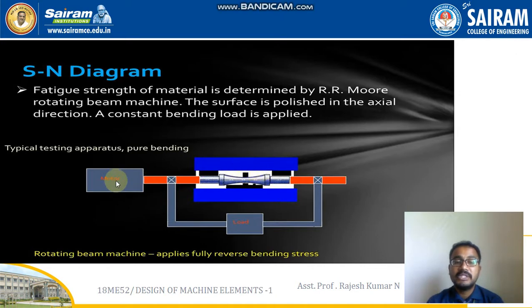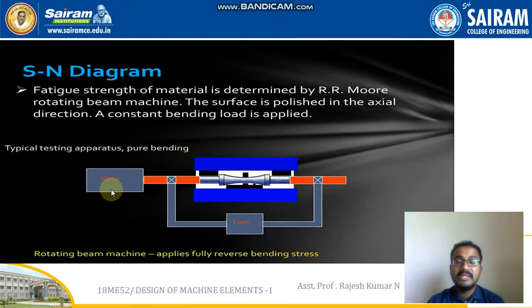With the help of this motor, I will be making the shaft rotate. The shaft will be rotating, and there is already a bending load fixed on the specimen. So it is going under torsion and simultaneously under bending. All this rotation is recorded by the tachometer fixed on the other side. The speed of the specimen can be increased depending on the motor capacity.